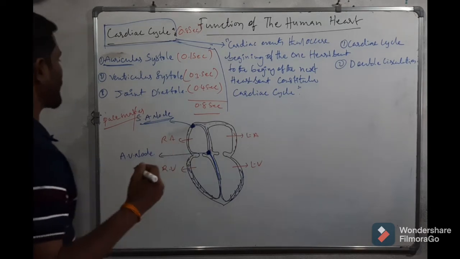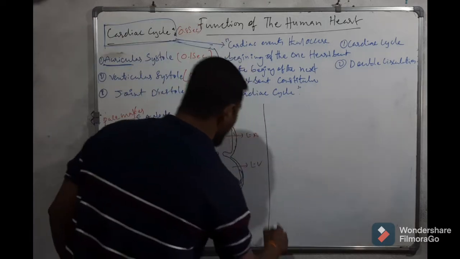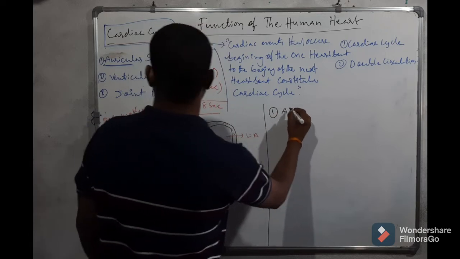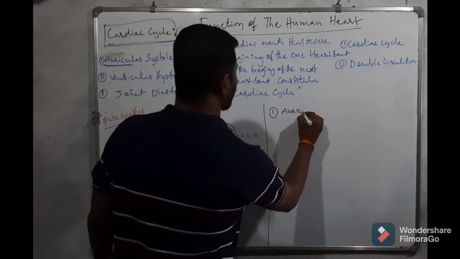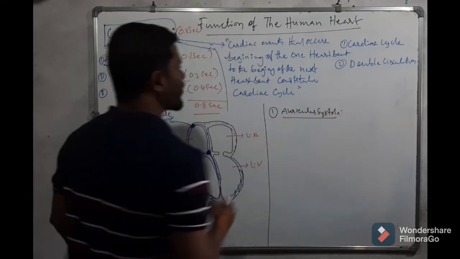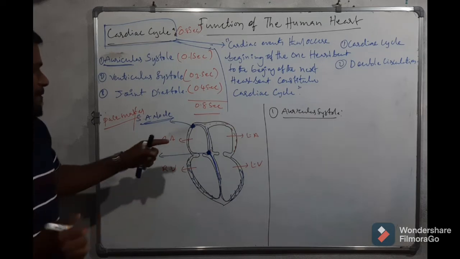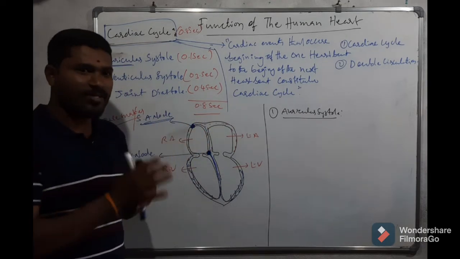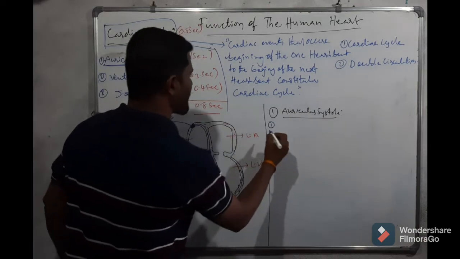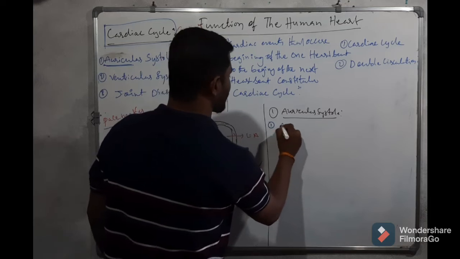First of all, we will see the auricular systole, the first step. What happens in the auricular systole? Number 1, the auricles contract.